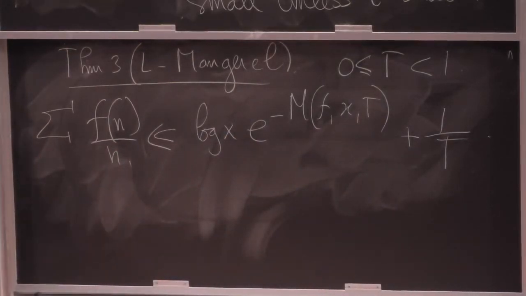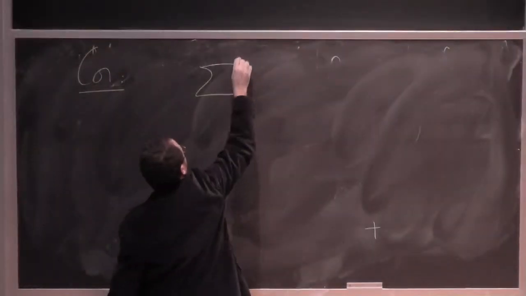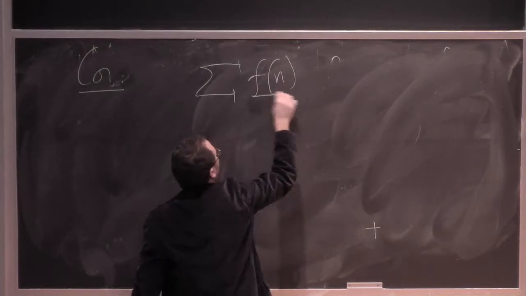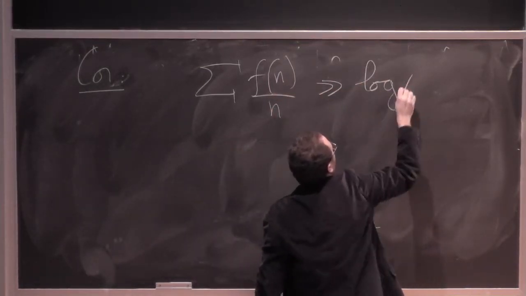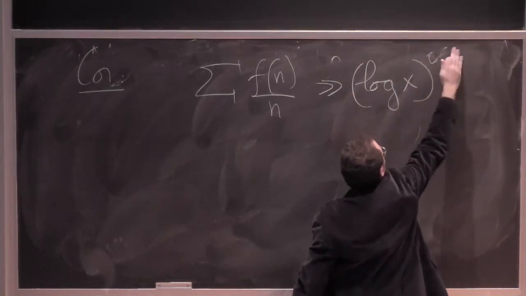And as a corollary, this characterizes the multiplicative functions for which the logarithmic summatory is large. So in our work on character sums, we are interested in those for which the summatory function is at least log x to the theta, let's say.